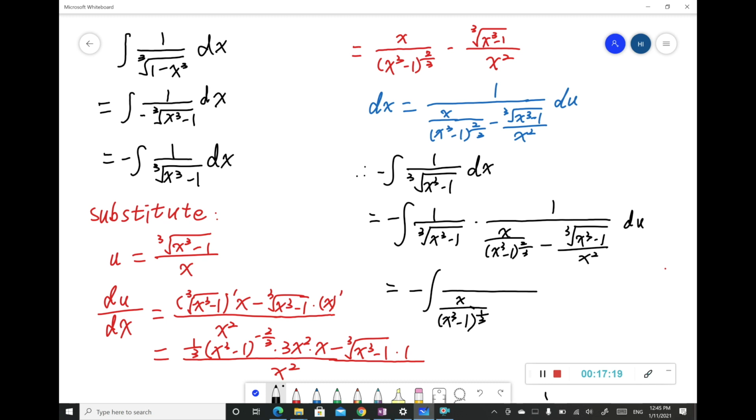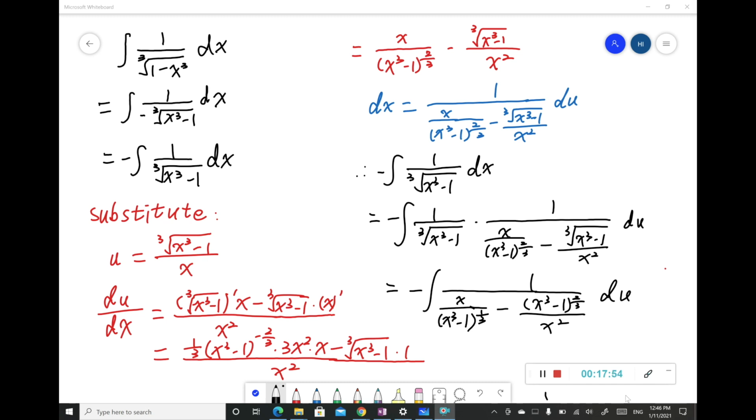And the second item will become x cubic minus 1 to the power 2 divided by 3 divided by x squared, 1 du.